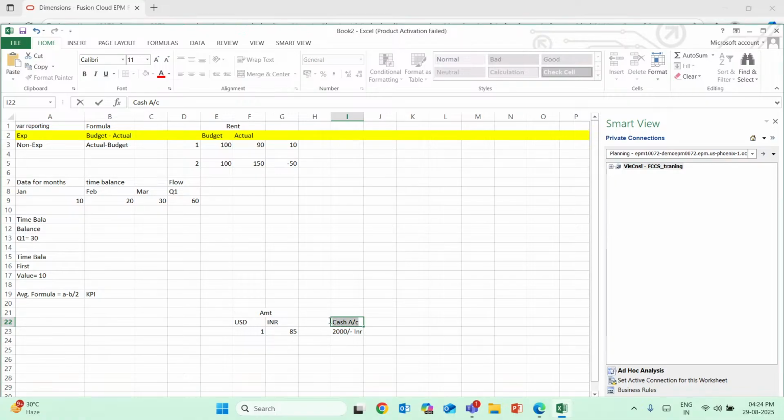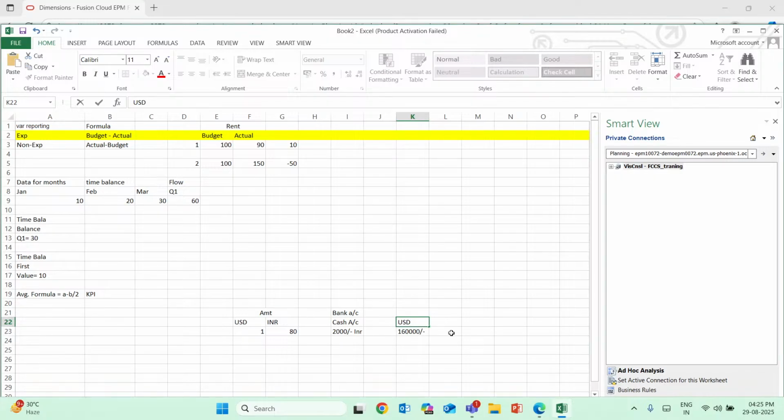For the consolidation we have to provide the rate, so we simply multiply. The cash account I'm going to take is a bank account. If I keep it simple, let's take this as 80 for now and simply multiply, 80 into 2000, it would be 16. This would be in USD.